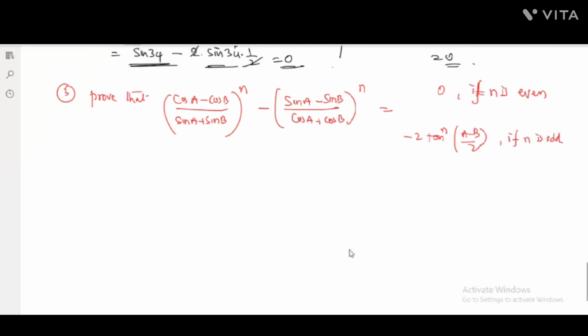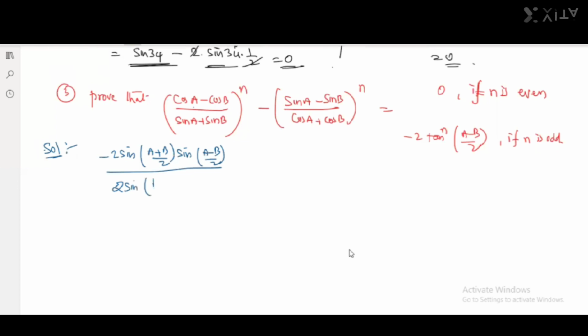Based on the same formula, we can prove this one. So how to prove it? Let's see. In the numerator, we have the cos C minus cos D form, so we can write −2 sin((A + B)/2) sin((A − B)/2), divided by sin C plus sin D. The sin C plus sin D formula is 2 sin((A + B)/2) cos((A − B)/2), whole power n.